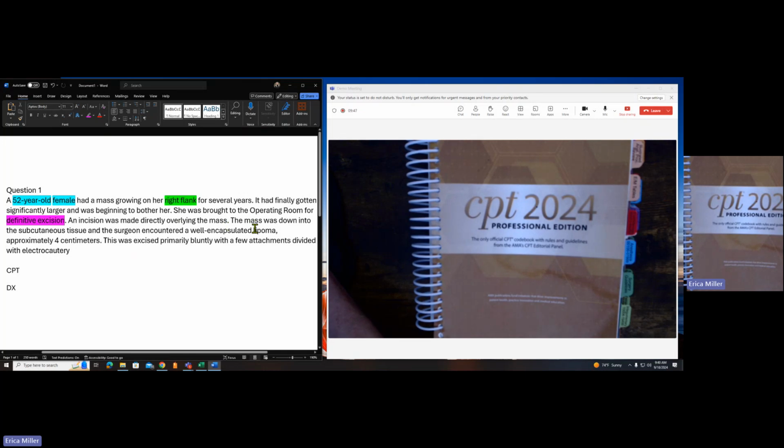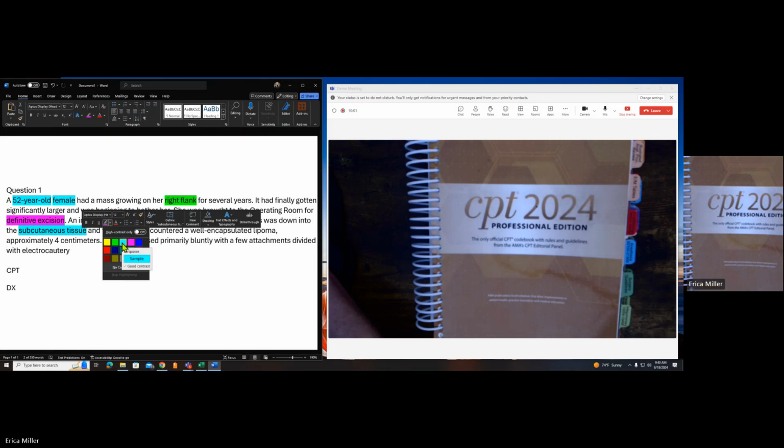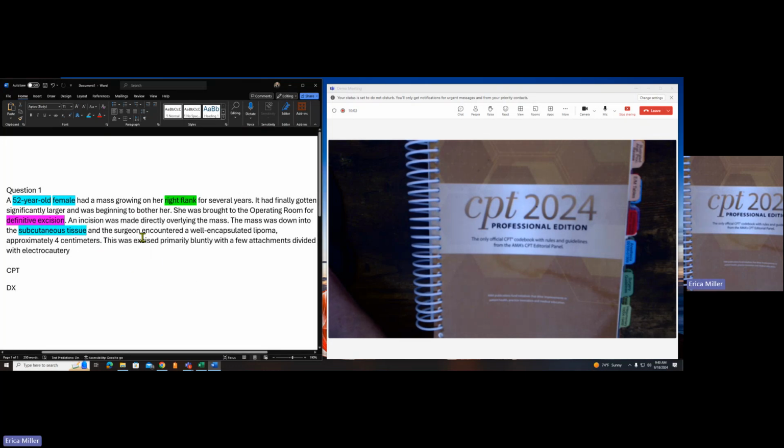All right, now how deep that mass or lipoma is an important factor. So the mass was down into the subcutaneous tissue. All right, I'm going to highlight that. The surgeon encountered a well-encapsulated lipoma. So visual observation, the patient has a mass.